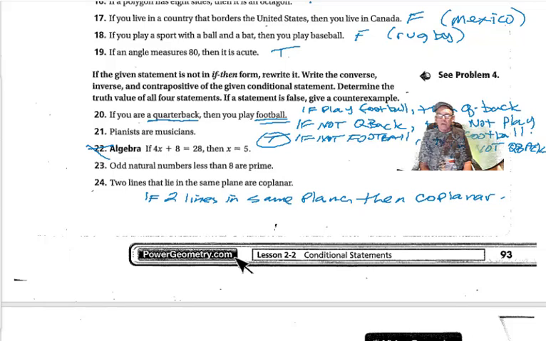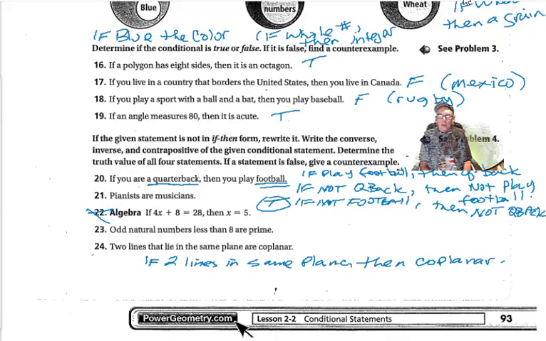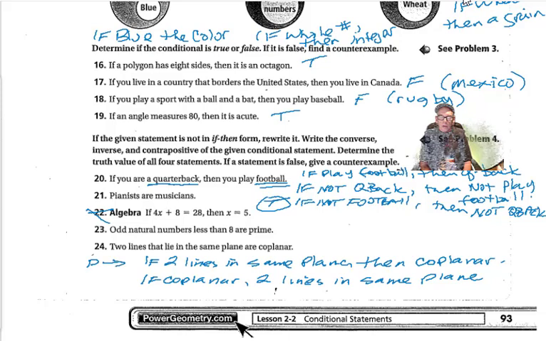The converse would be, if coplanar, then two lines in the same plane. So this is the original statement, and this is the converse.